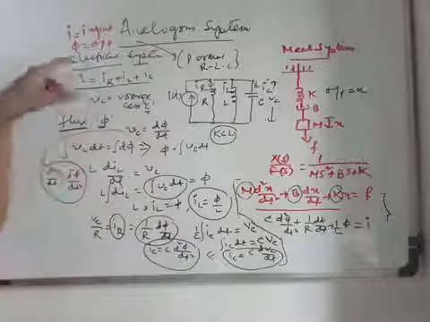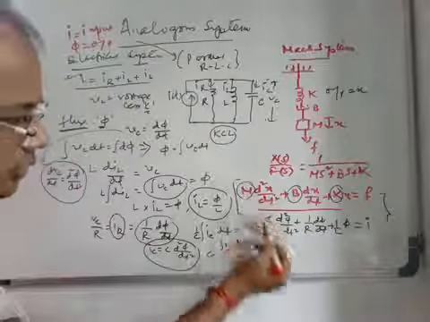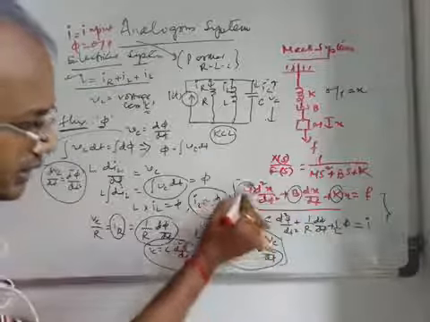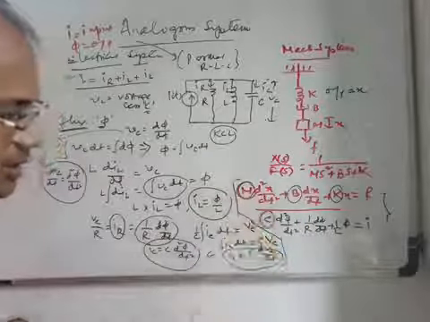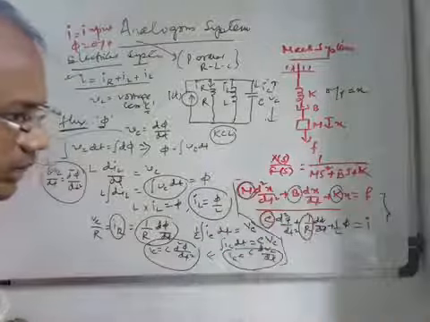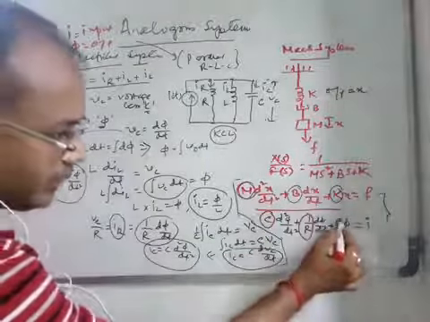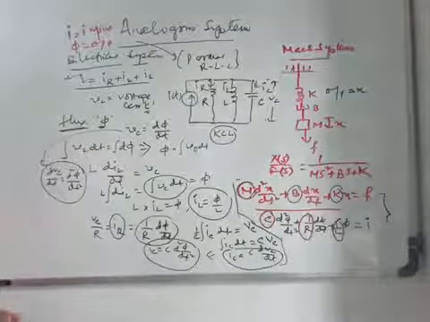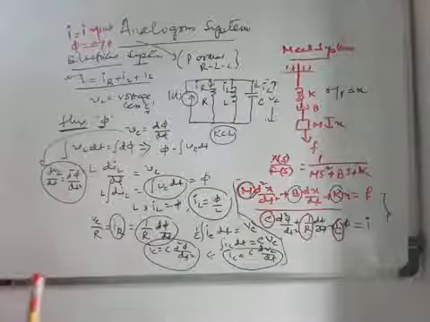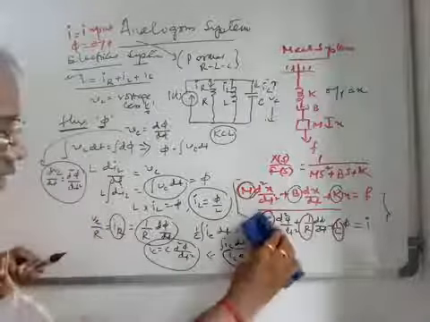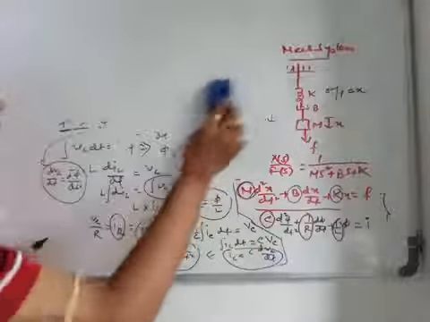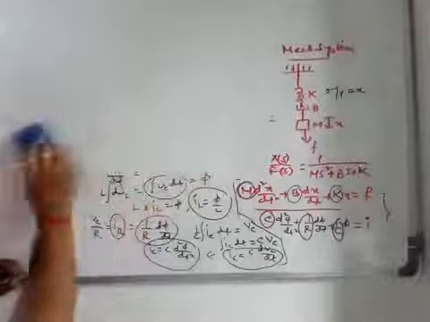Once you know this, you see the analogy. This is M, mass corresponding to capacitance, and this x corresponds to phi. B is equivalent to 1 by R, and K is equivalent to 1 by L. So in this force current analogy, these are the quantities which are analogous to each other.